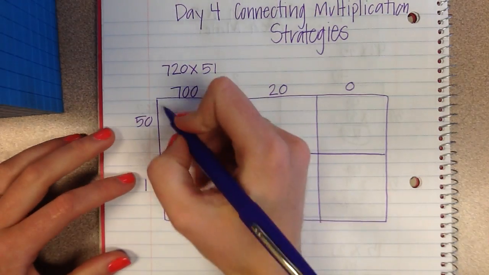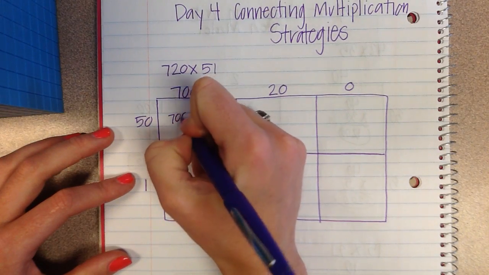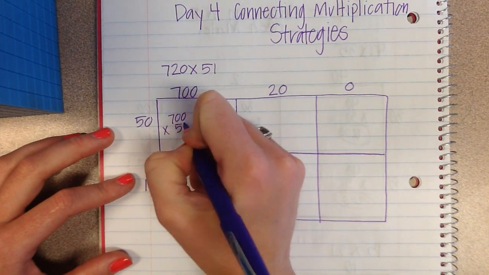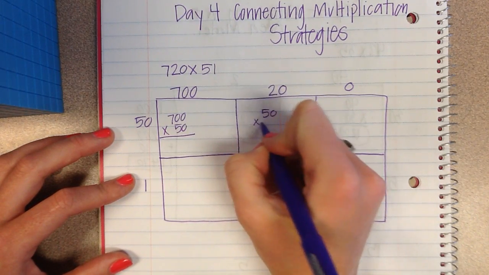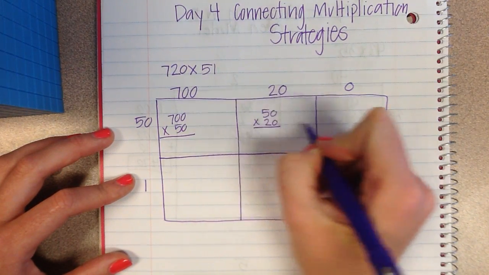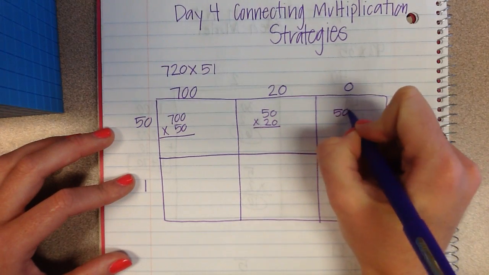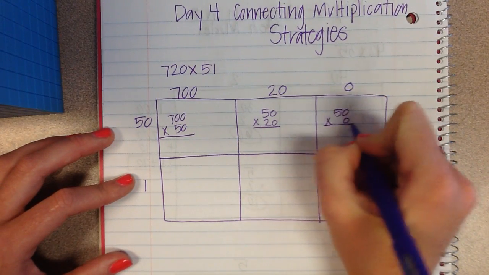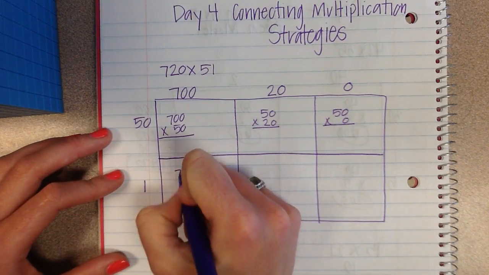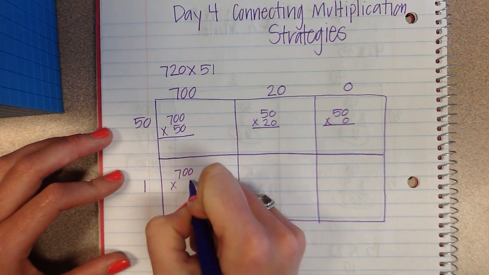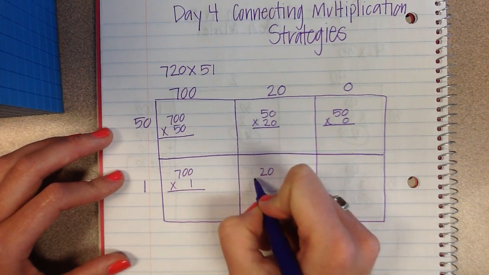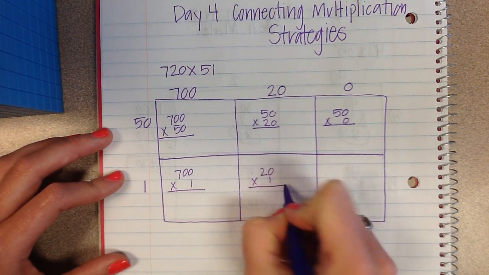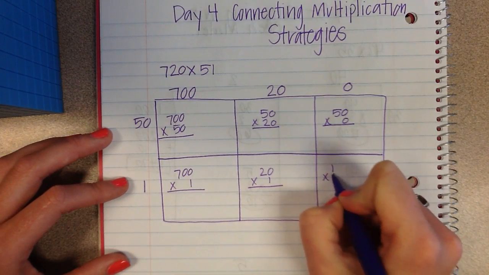So, just like yesterday, I'm going to do 700 times 50, 50 times 20, 50 times 0, 700 times 1, 20 times 1, and then 1 times 0.